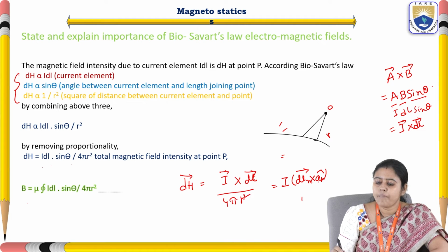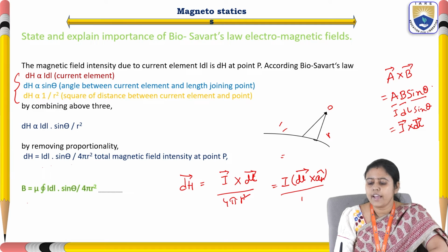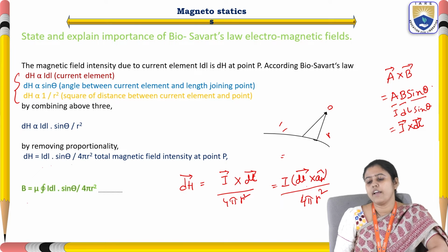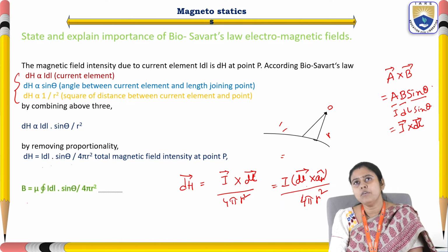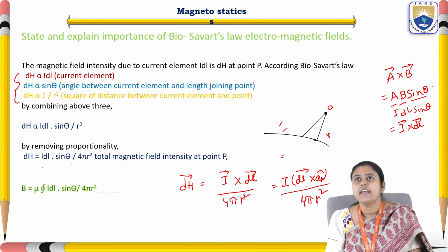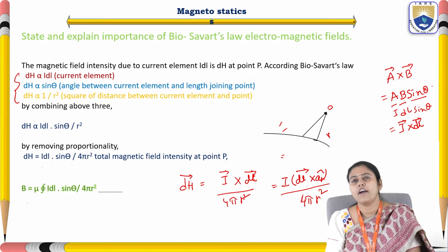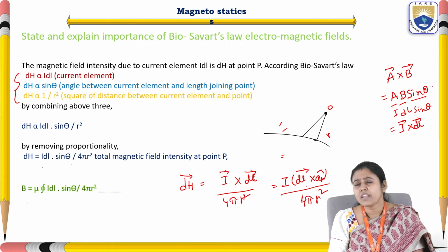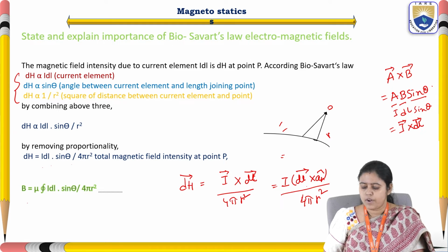The magnitude of aR is always 1, so we can write I dl cross aR by 4 pi r square, and this is the vector form of the Biot-Savart law. dH is equal to I dl cross aR by 4 pi r square, where aR is the unit vector and its magnitude is 1.